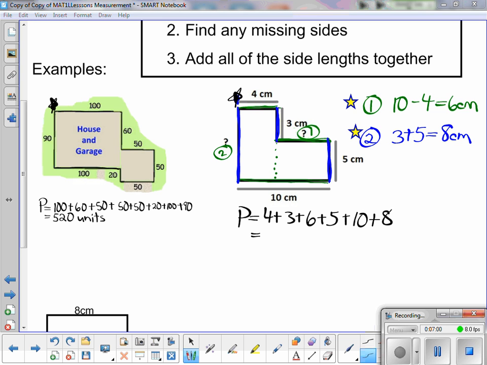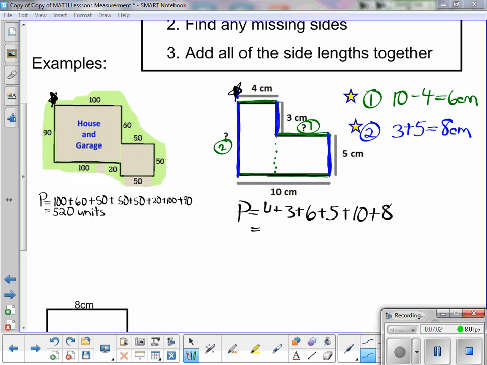Now when we add these together, we get 36, and this time they did give us the units, it is centimeters. So there are 2 questions for you to use as examples. I might make another video to help you with another kind if you so wish, but let's try that first. Have fun doing math.